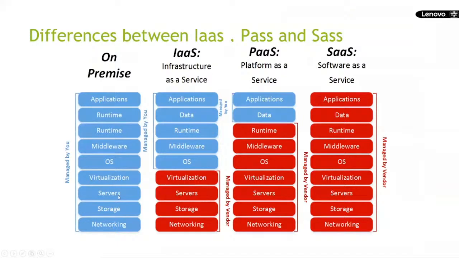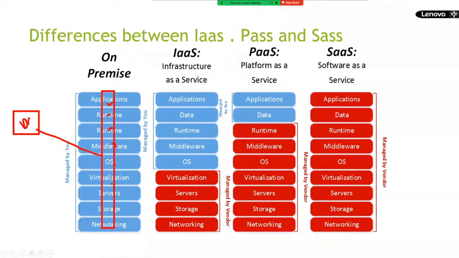In on-premises, as I said, networking, storage, virtualization, OS installation and configuration, management, runtime, application deployment, everything we have to take care of. To maintain everything, what do we require? A data center. This is on-premises.